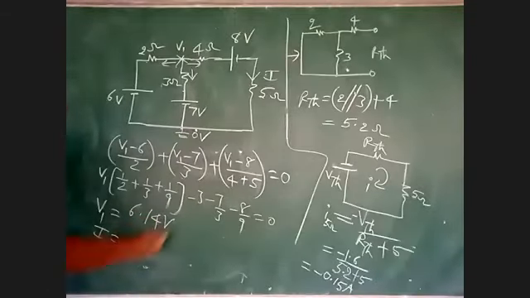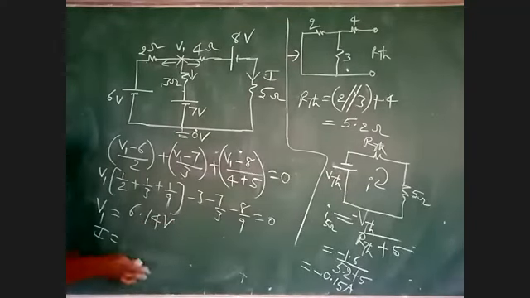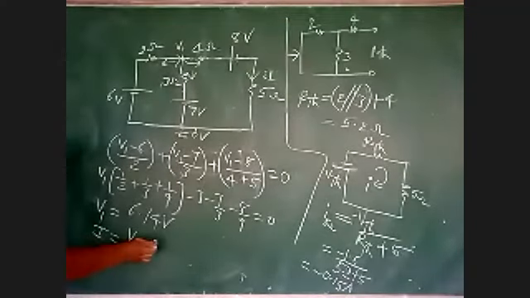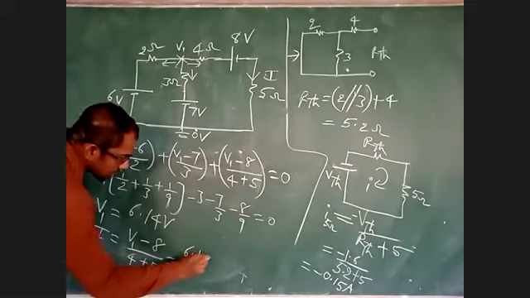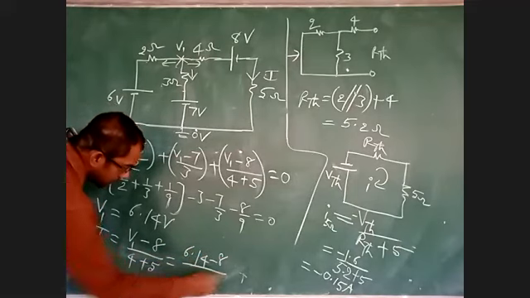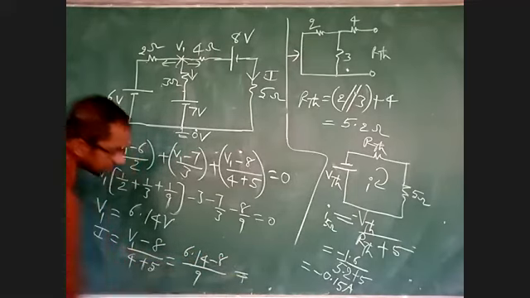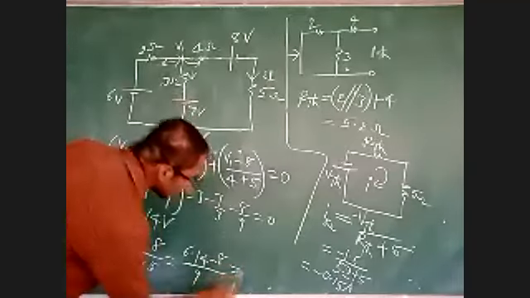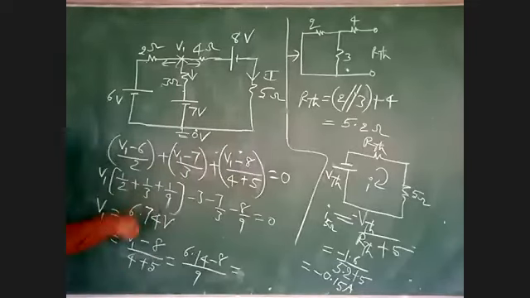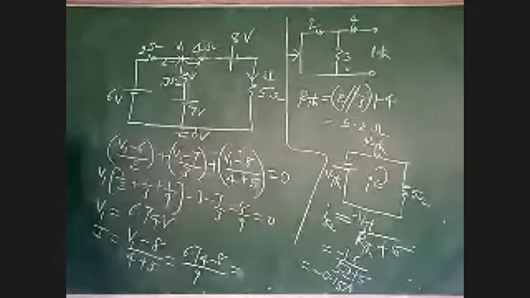Then V1 minus 8 by 4 plus 5, that is 6.14 minus 8 by 9. How much you get? Answer is 0.14.